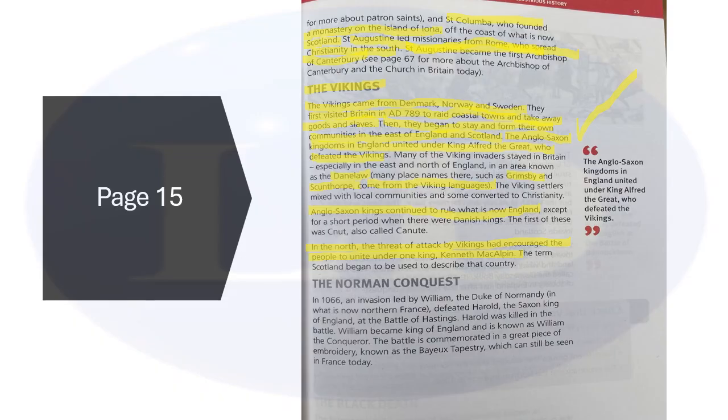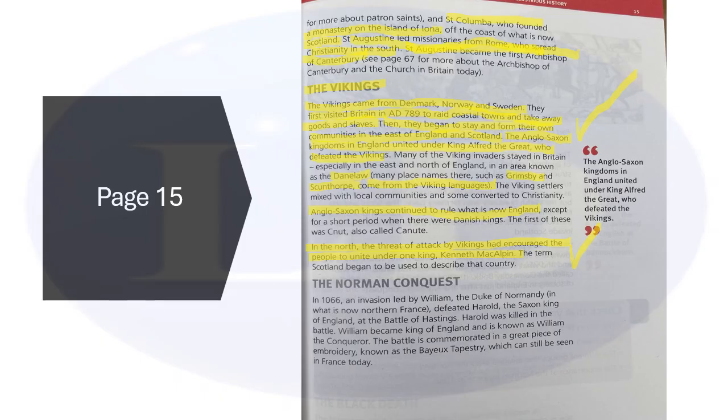The term Scotland began to be used to describe that country, and the area where Kenneth MacAlpin ruled is known as Scotland now. Okay, so here in England, when Vikings started attacking, the small kingdoms united under King Alfred the Great, and they defeated Vikings, and this is how they protected themselves. In Scotland, they came under King Kenneth MacAlpin. So these are the two names that you have to remember, okay?